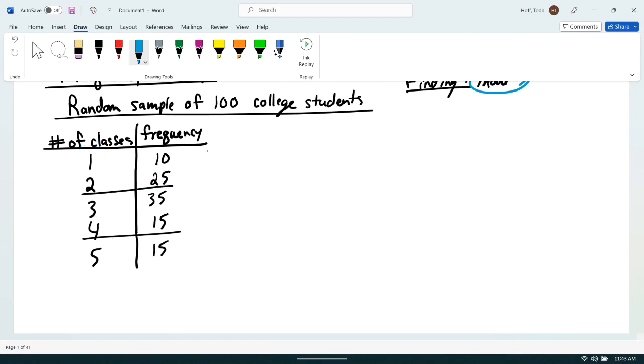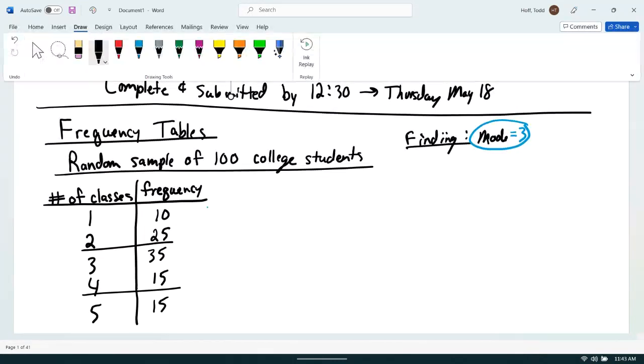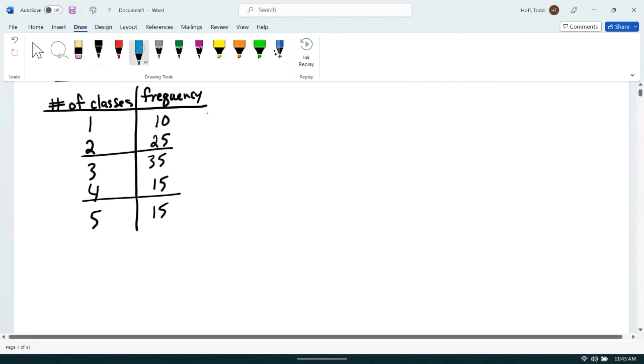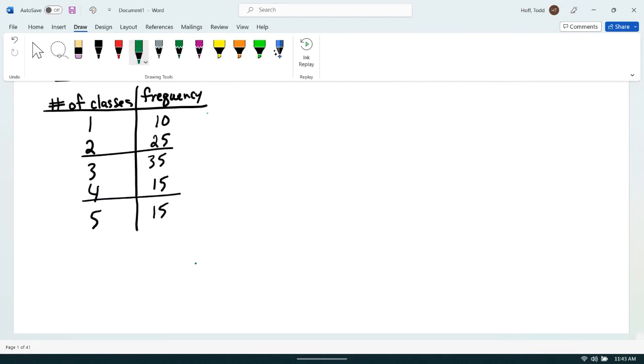Well, next we want to find the median. Remember, the median we had said was the middle number. And to find the median, we looked at finding the position of the median first. Now, these numbers are in order. There's 10 ones, 25 twos, 35 threes. We can think of those being listed in order from 1 through 5. Since n equals 100 here, I could add these up, by the way, and that should add up to 100.